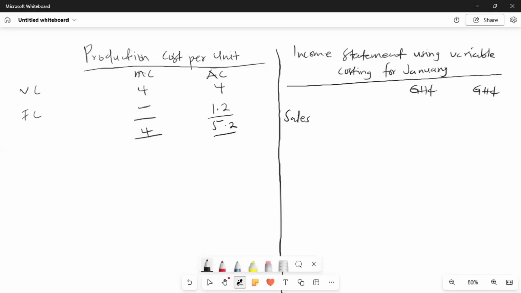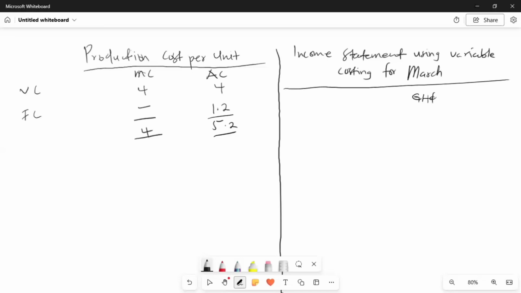Our sales units for March is 4,000. The selling price per unit is 8. So 4,000 by 8 will give us 32,000.